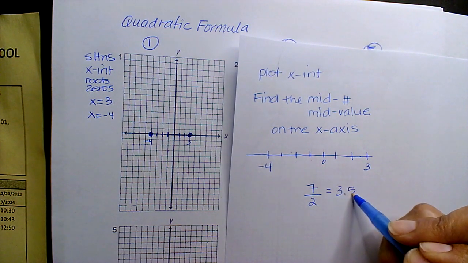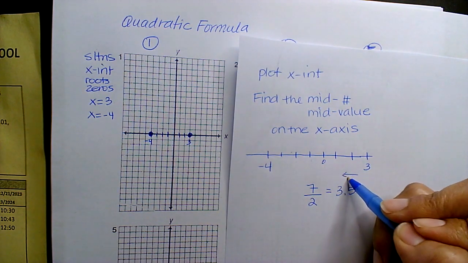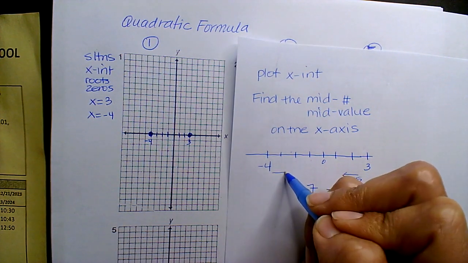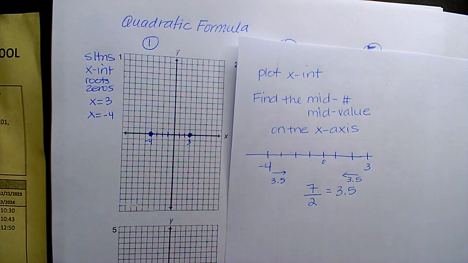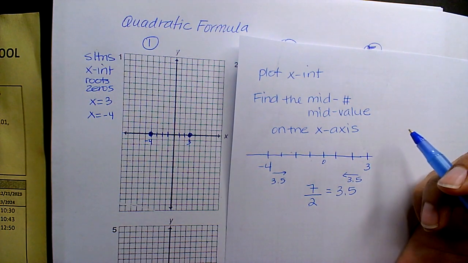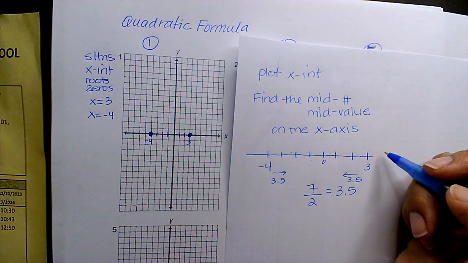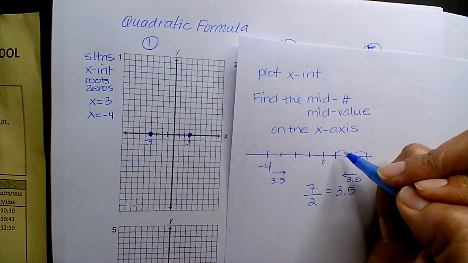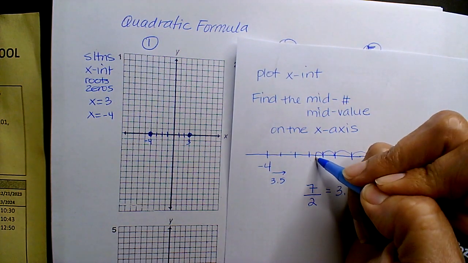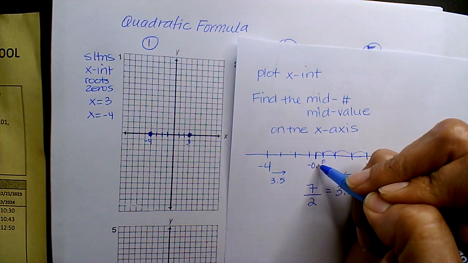Right. So it's up to you. If you want to go 3.5 units from 3, or if you want to go 3.5 units from -4, it's your choice. But what number does that land on? Very good. So 1, 2, 3.5, and it's -0.5.